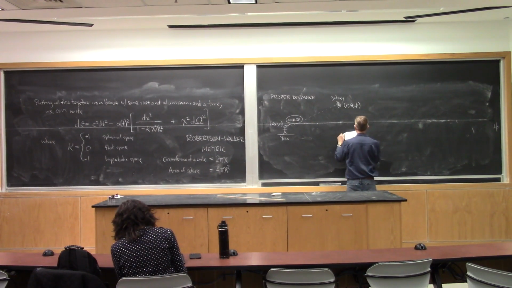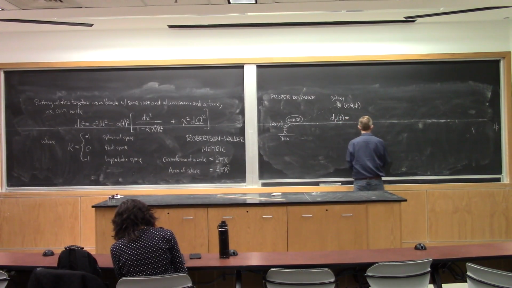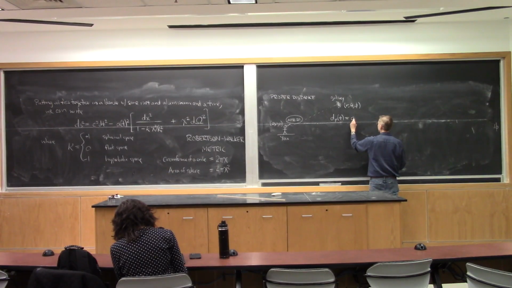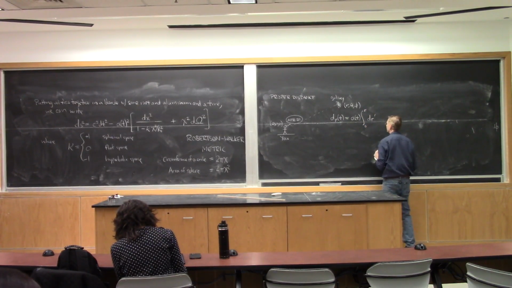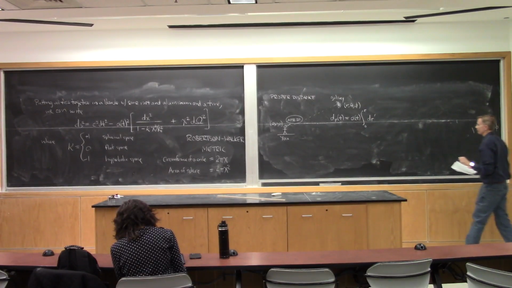And we said before that its proper distance at time t you get by integrating a of t dr at fixed time t, because we want to know how far away it is now.